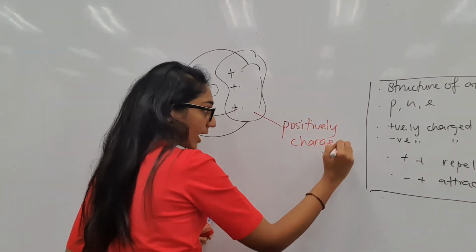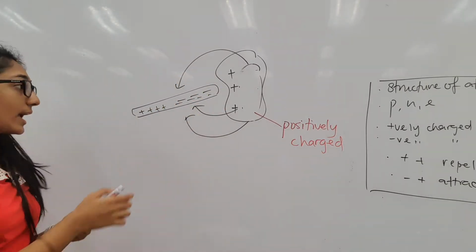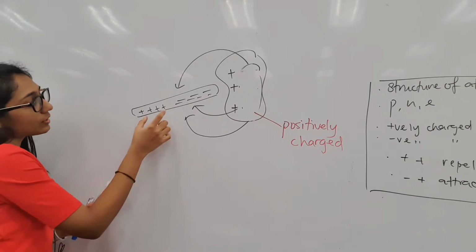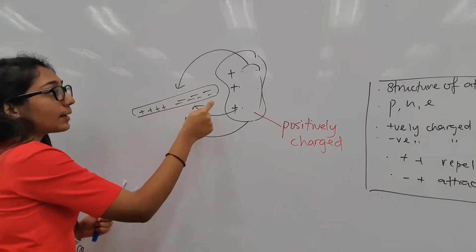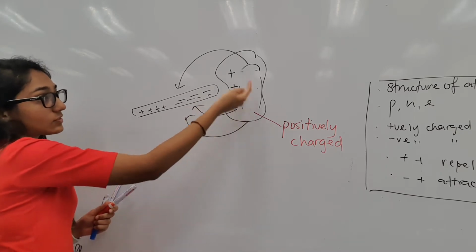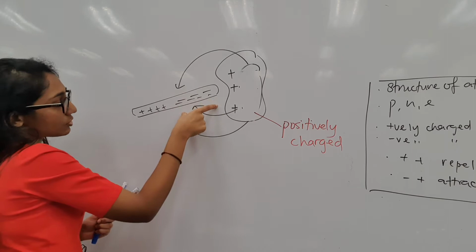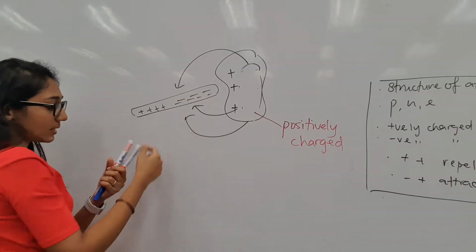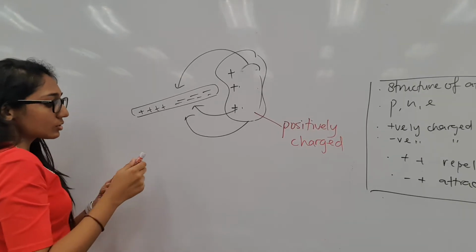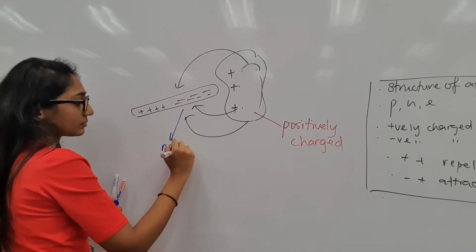Why? Because only protons. Then let's look at the rod. The rod has protons and electrons, but now there are more electrons here because the electrons have jumped from the cloth to here. So because there are more electrons than the number of protons, that means there is more negative charge than positive charge. So the rod now becomes negatively charged.